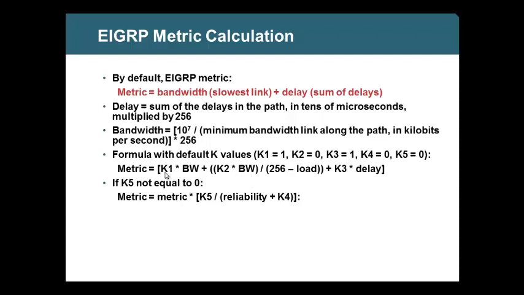K1 is 1 multiplied by the actual bandwidth, let's say 1500. It's 1500. So in short, this is what our metric is, because we are going to multiply a lot of things with 0. K2 is 0, which is load.